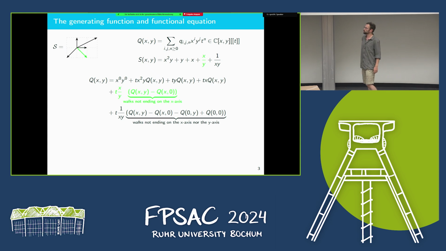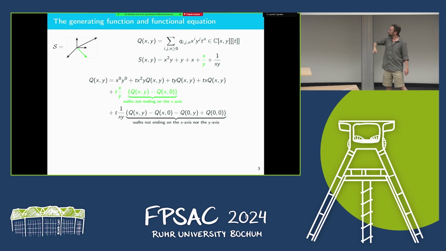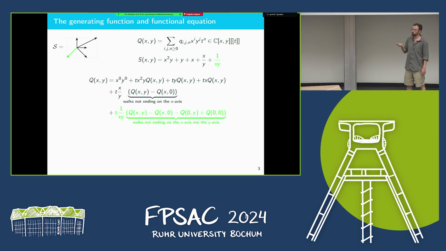And now you have a step which is a bit more interesting, because you see that if you end on the x-axis, you are not allowed to perform it, otherwise you will leave the quadrant. Hence, instead of multiplying by the full generating function, you multiply by the generating function of walks not ending on the x-axis, corresponding to this term. And you perform the same argument for the last step.